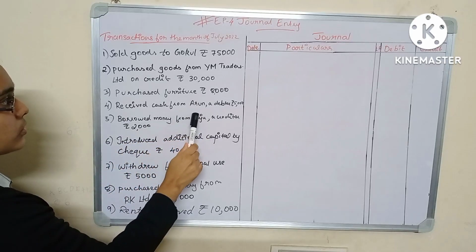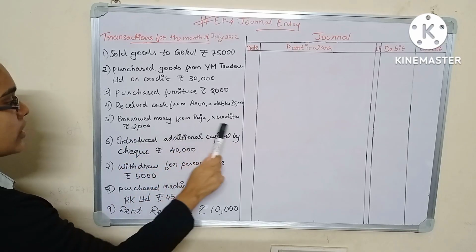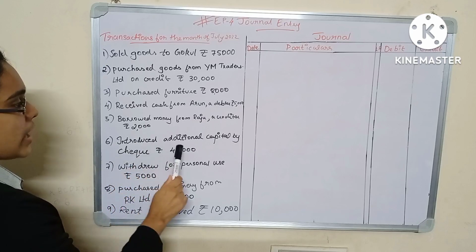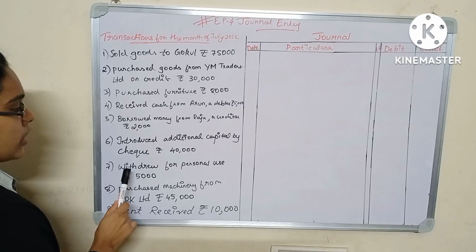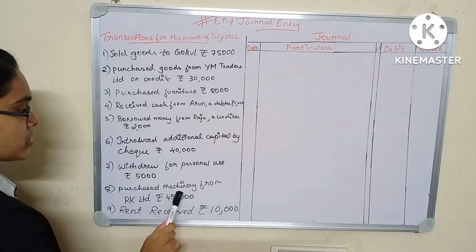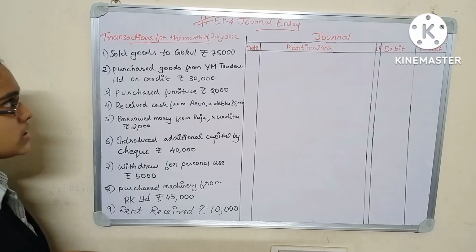Received cash from Arun, a debtor, rupees 5,000. Borrowed money from Raju, a creditor, rupees 2,000. Sixth one, introduced additional capital by check, rupees 40,000. Withdrew for personal use, rupees 5,000. Purchased machinery from RK Limited, rupees 45,000. And last one, rent received, rupees 10,000.